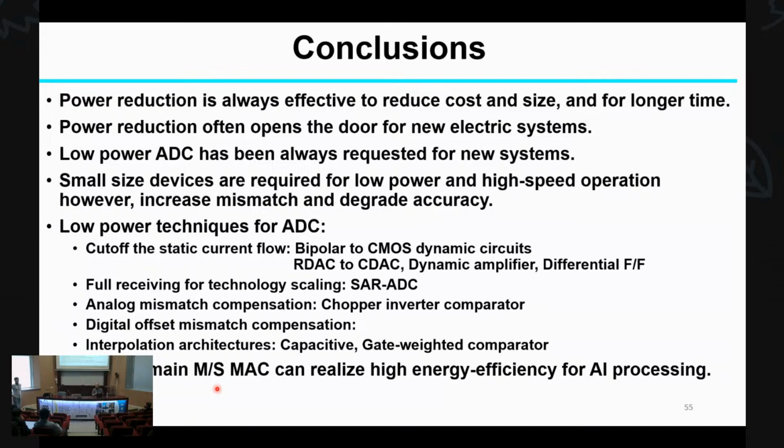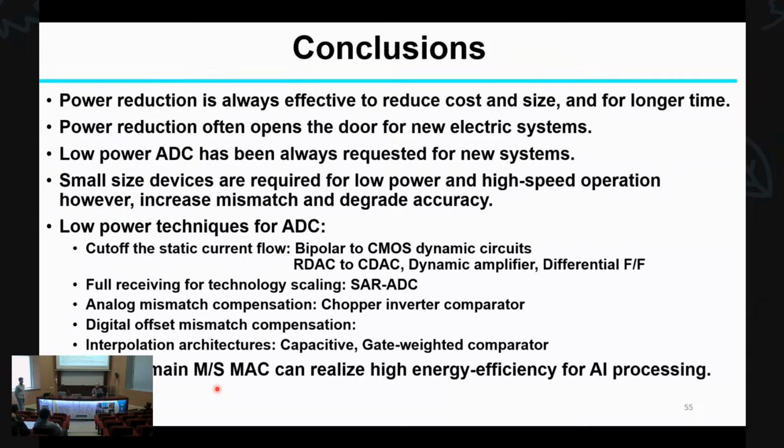Thank you very much for the presentation. I'm wondering, sometimes when I design low power systems, the power of the ADC part always troubles me.